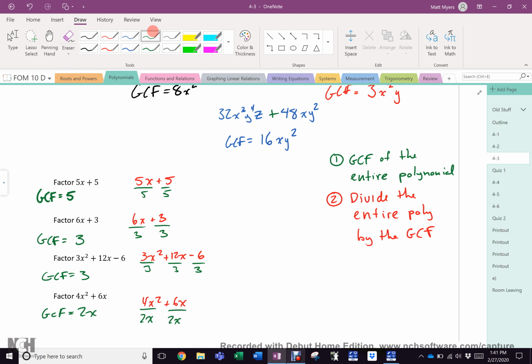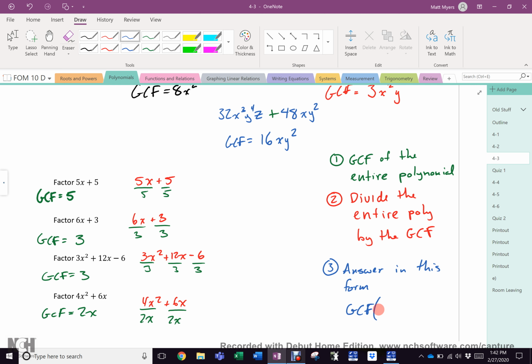And then we write our answer in the following form. We answer in this form. You write the GCF, then a bracket, and then what do you call the answer in a division question? The answer in addition is a sum. The answer in subtraction is a difference. The answer in a multiplication is a product.